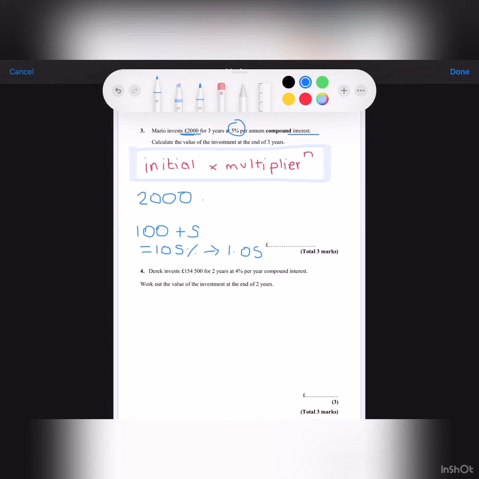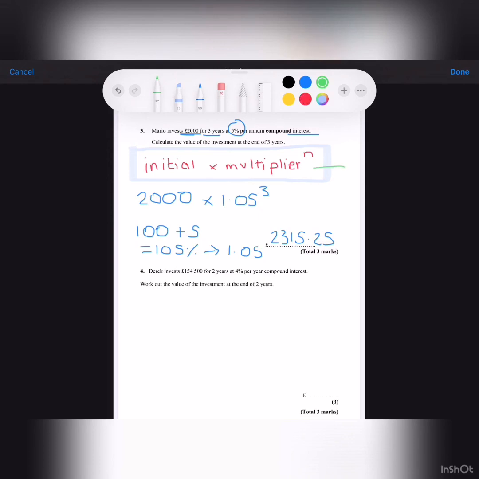So now we can put that in here, 1.05, and our power for that, because it says it's for 3 years, is 3. So then what we do is you just put that in the calculator, and we get that the value of the investment is 2,315.25.